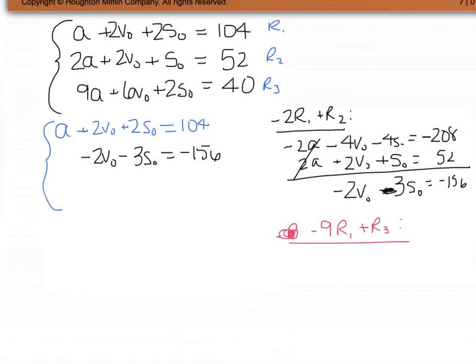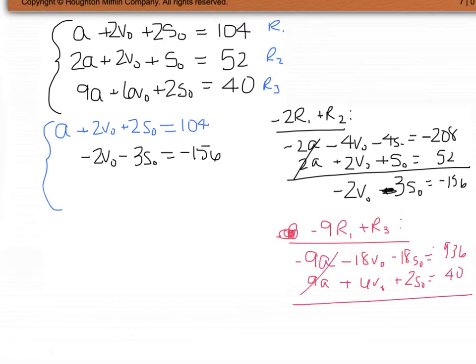That gives me negative 9a minus 18v sub 0 minus 18s sub 0 equals negative 936. And I'm going to add that to 9a plus 6v sub 0 plus 2s sub 0, which equals 40.